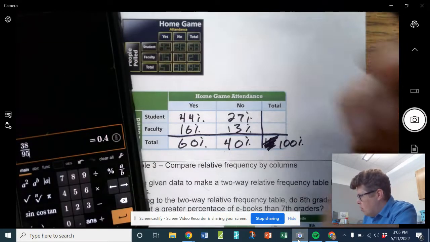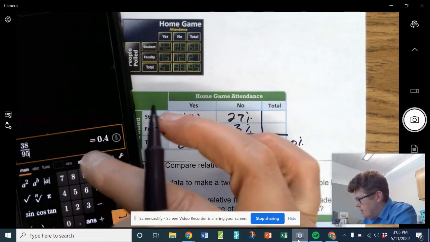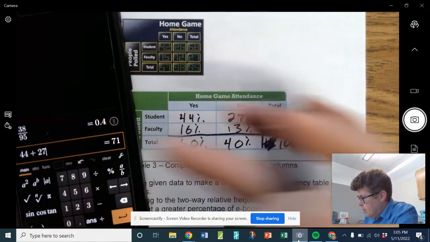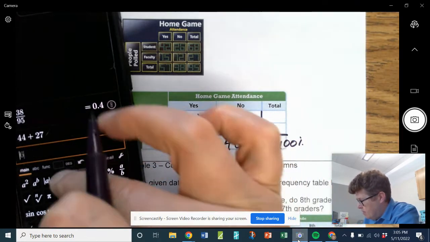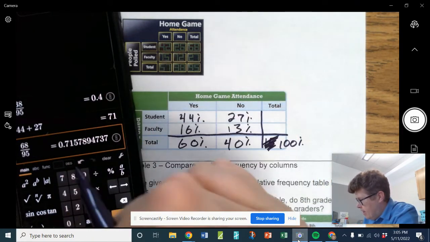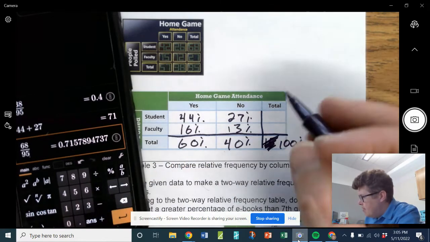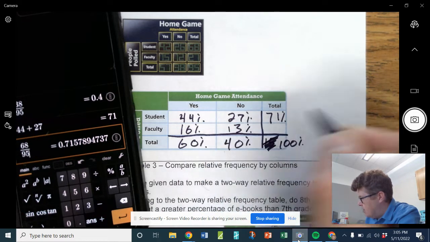Okay, now we should expect this 44 plus 27 to give us, what is 44 plus 27? We expect this to get us to 71, so we'll take that 68 and divide by 95. Yeah, that's where the rounding. Technically, that should be 72%, but we've been rounding everything, so I'll just stick with that because the adding up has been working well.